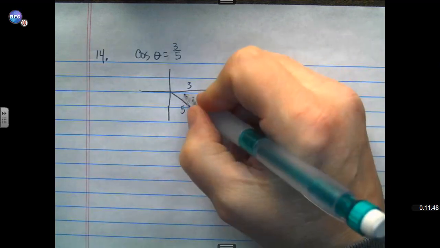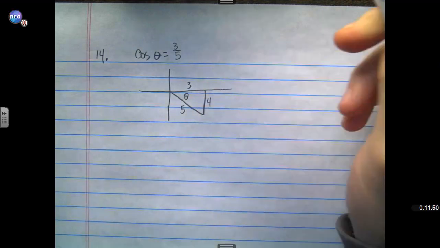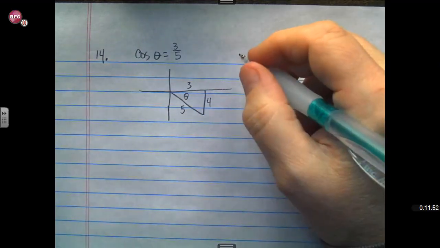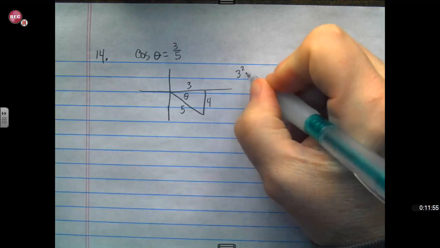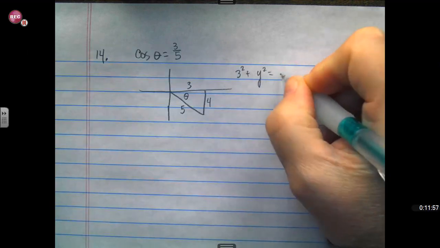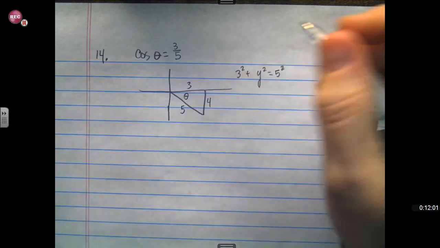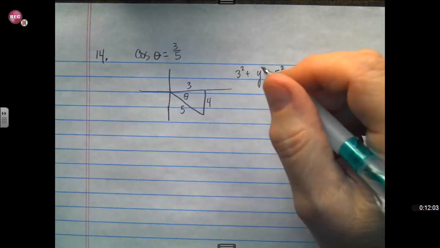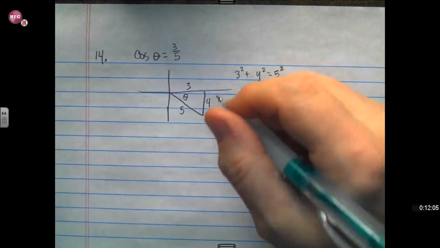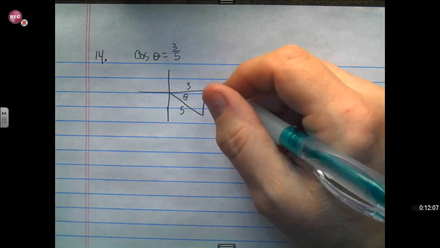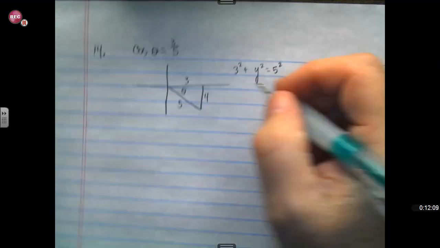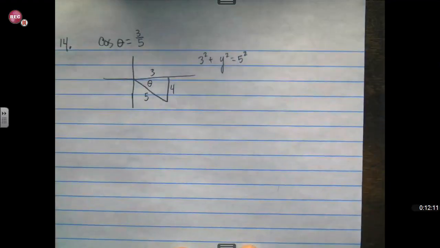And it is a 3, 4, 5 triangle. We can use the Pythagorean theorem to figure that out. 3 squared plus y squared equals r squared. And 25 minus 9 is 16. And we get that.